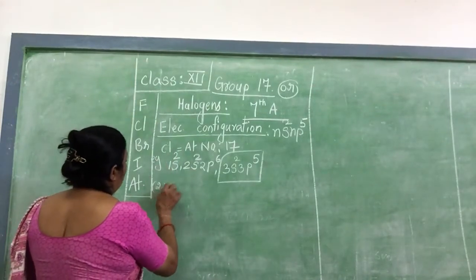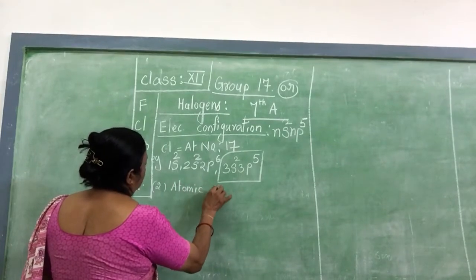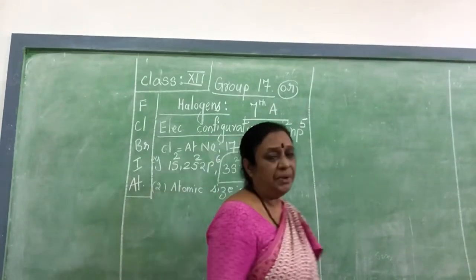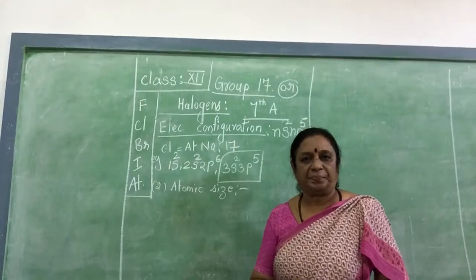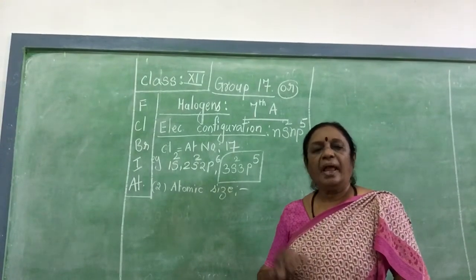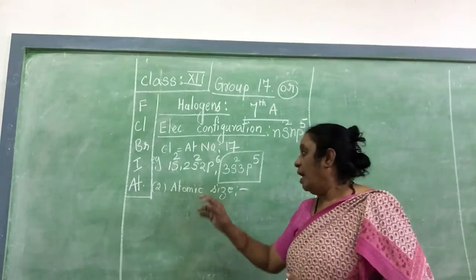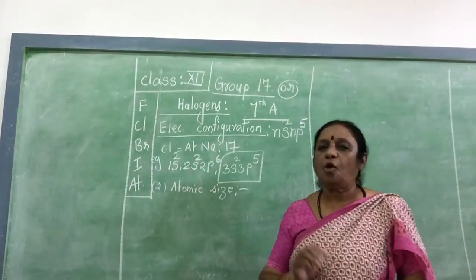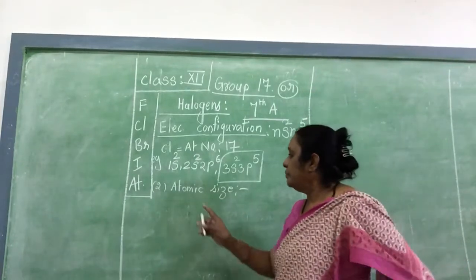Second point is atomic size. According to the periodic trend, as we move from left to right with the increase in atomic number, atomic size decreases. Therefore, halogens have the least atomic size in the particular period.